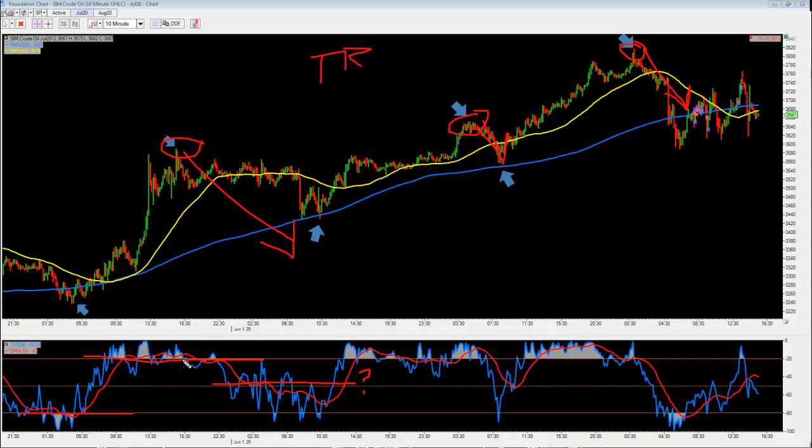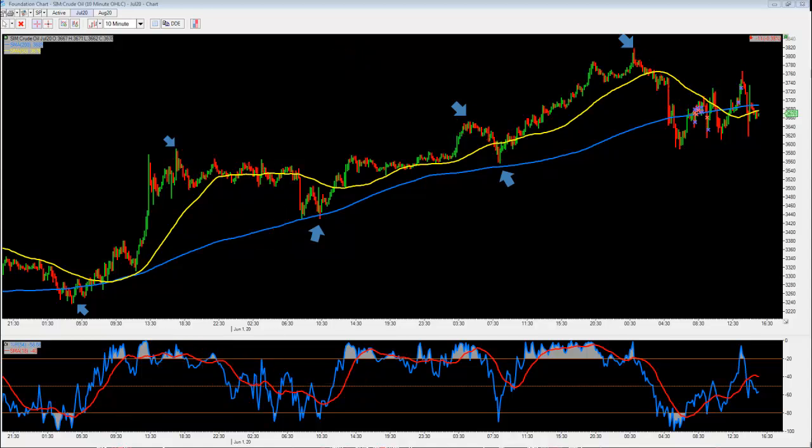So these help you. Although this comes down, the red line actually comes down underneath right here for the first time. And we see this. And then you see this.